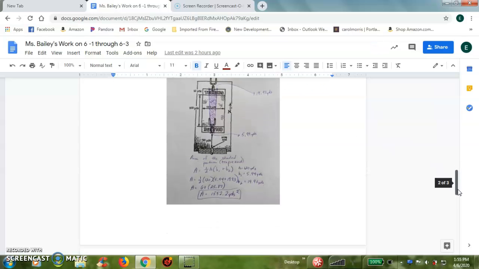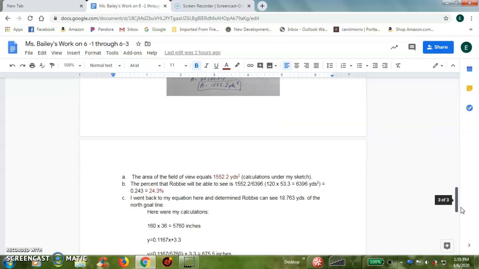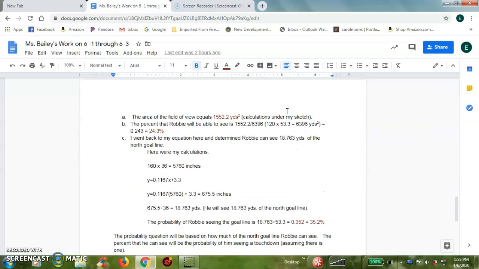All right, then the next thing, for A, I wrote the area. Okay, then the next thing, the percent that Robbie will be able to see. Well, I took my area here and divided it by the area of the entire field. To get that number, I did the basic area formula for a rectangle, right? Length times width.